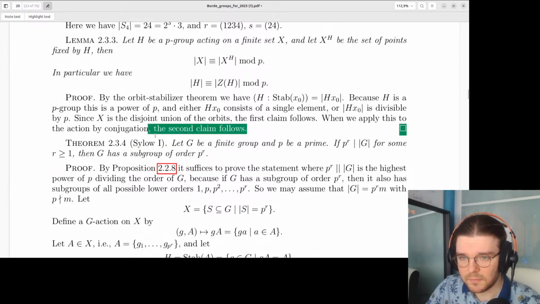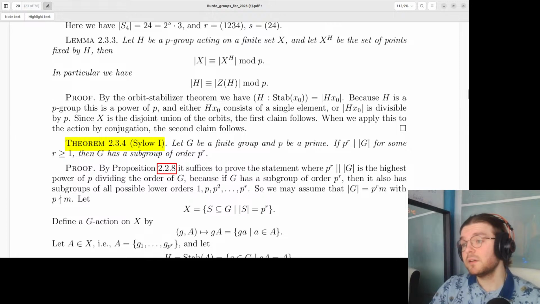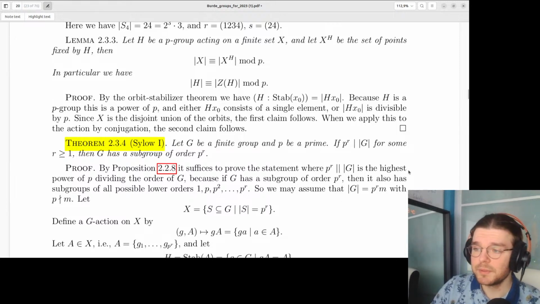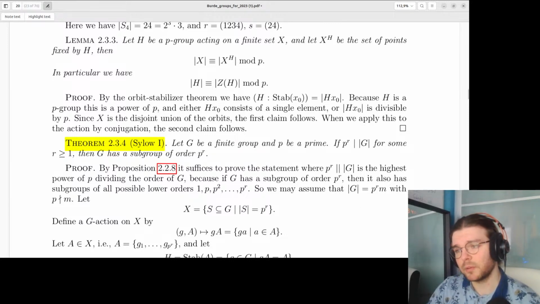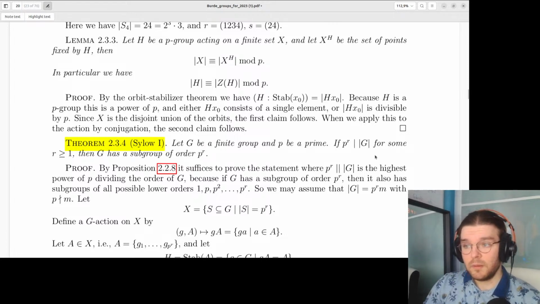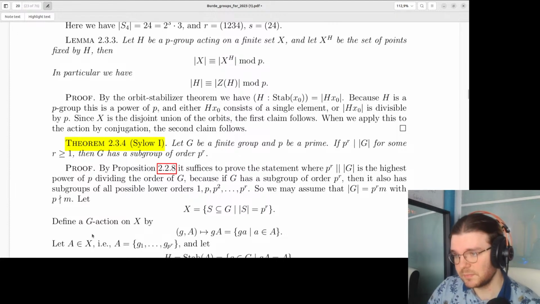If P to the R divides the size of the group for some R greater or equal to 1, then G has a subgroup of order P to the R. So that means that all prime power orders are represented in the subgroup decomposition, for lack of a better term, of a finite group.